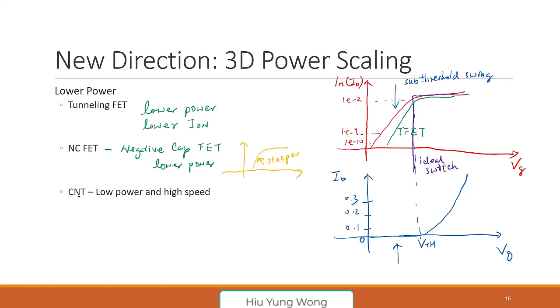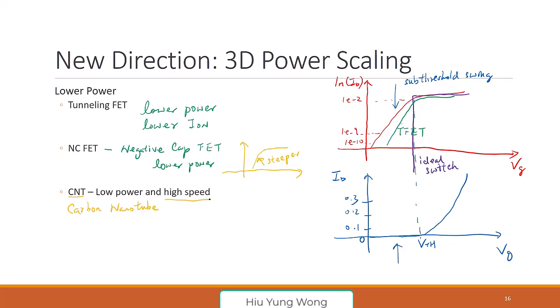Another is so-called CNT, carbon nanotube. Okay, so what is carbon nanotube? It's just a special carbon. They form the nanotube, right? They have low power and also high speed, very low resistivity.